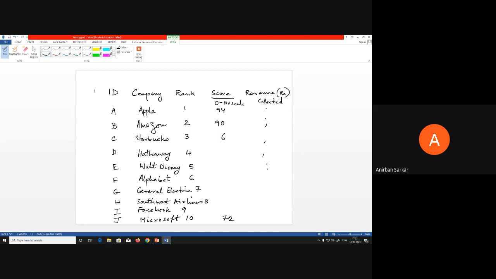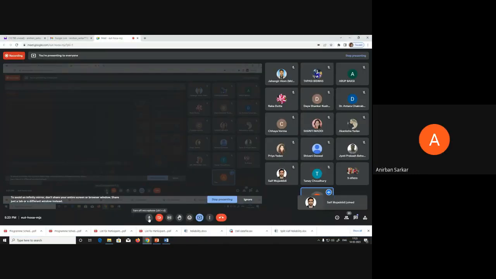Can you understand this data? Yes, sir. So can you tell me what does this ID A, B, C, D, E, F, G, H, I, J refers to? What does these alphabets or ID refers to here? Depending on the rank of the companies. Just a minute.